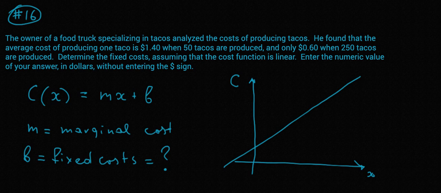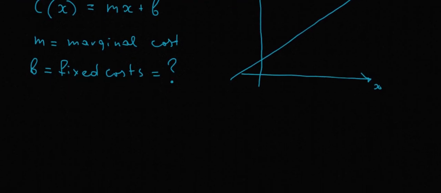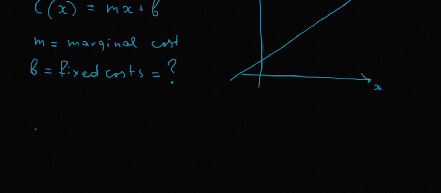For example, if 50 tacos are produced, the total cost of producing those 50 tacos is going to be 140 times 50, because it costs 140 per taco and 50 tacos are produced.